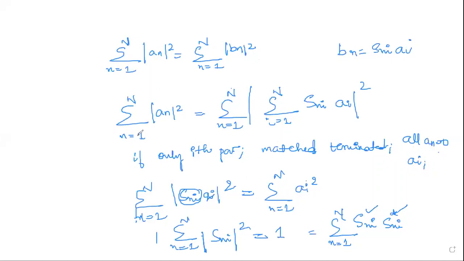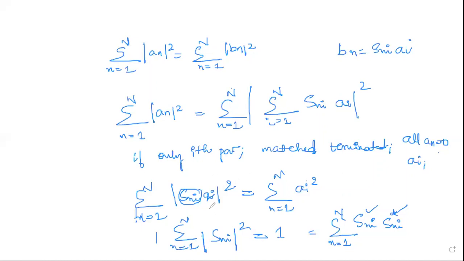So the summation n equals 1 to n of the terms having Ai squared. Similarly, the summation n equals 1 to n of Sni and the magnitude of Ai squared.